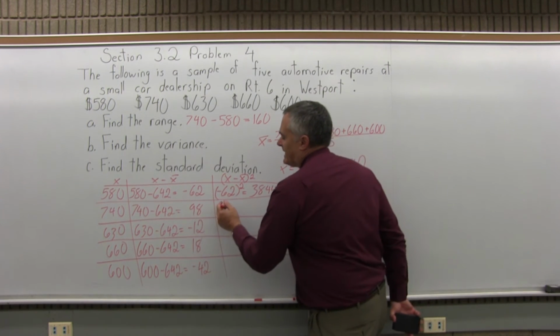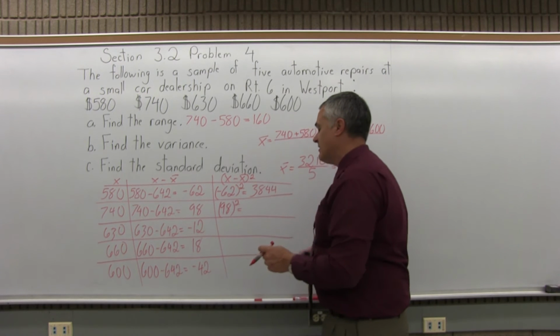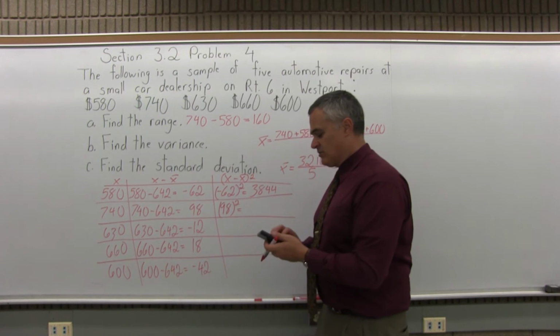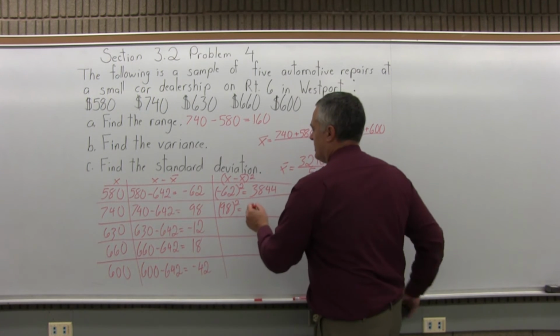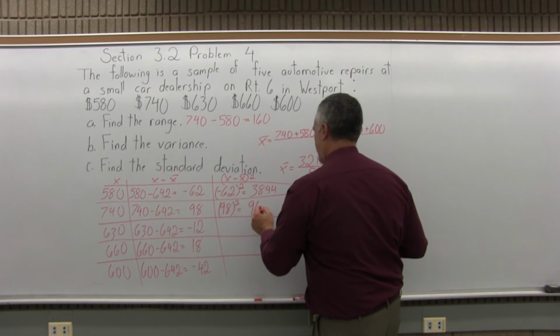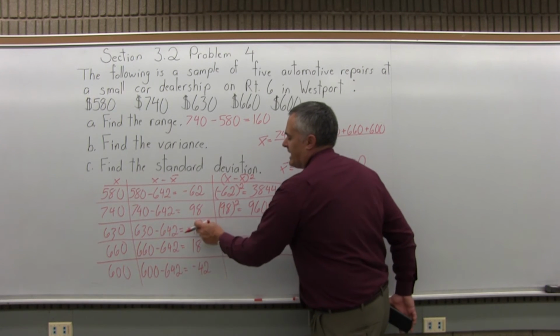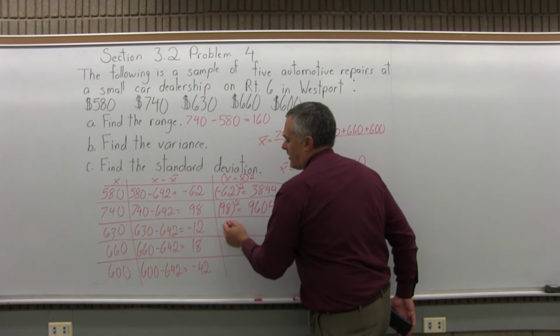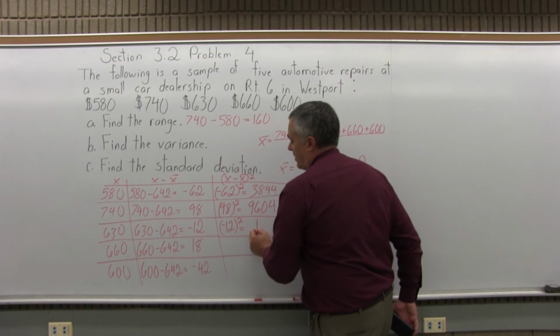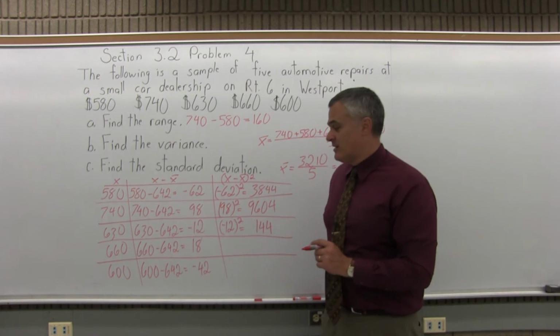The next one, 98, is the answer for x minus x bar. So I'll do 98 second power, 98 times 98. Which is pretty big too, so the calculator will do that for me. It's 9,604. And then the next one, negative 12 to the second power. Negative 12 times negative 12 is positive 144. That one I can do without the calculator.